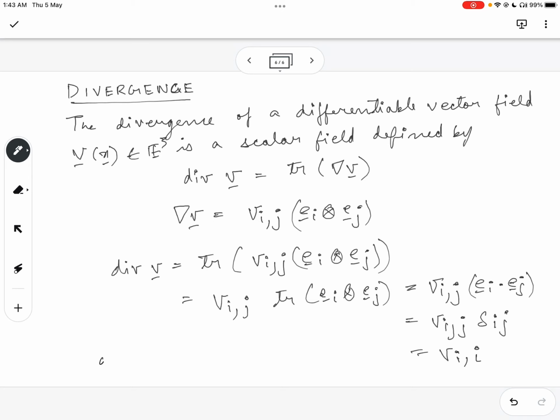Therefore, divergence V, when written in terms of the Cartesian coordinates, is nothing but del v1 by del x1 plus del v2 by del x2 plus del v3 by del x3.